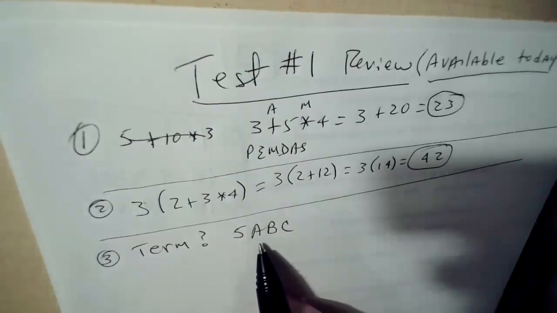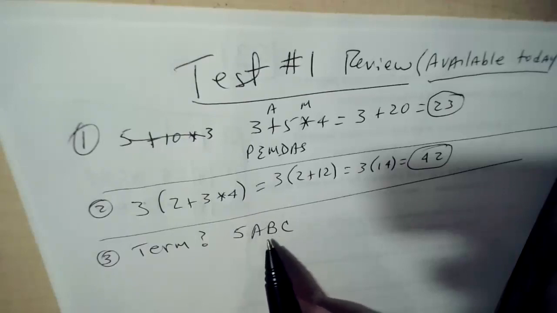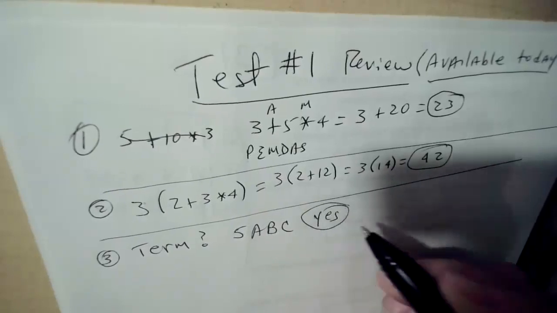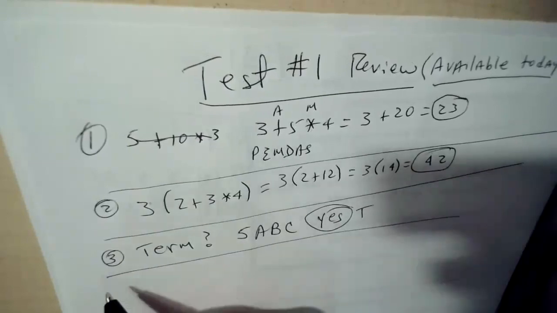Now, what makes this not one number is if there were pluses or minuses in between here, and then that would be an expression. But is this a term? Yes or true. That's a true and false question.